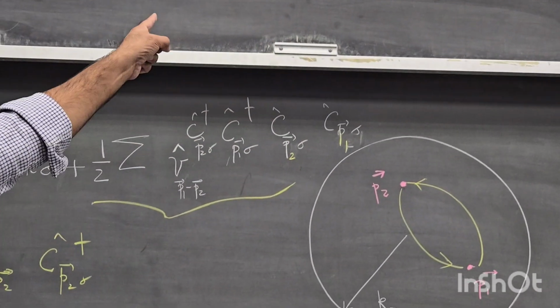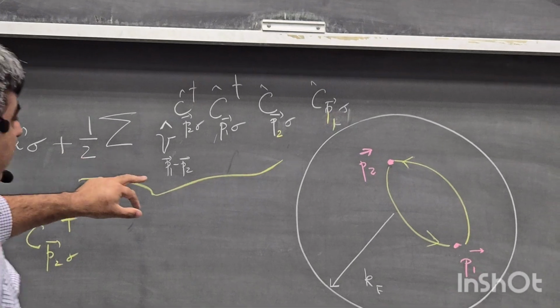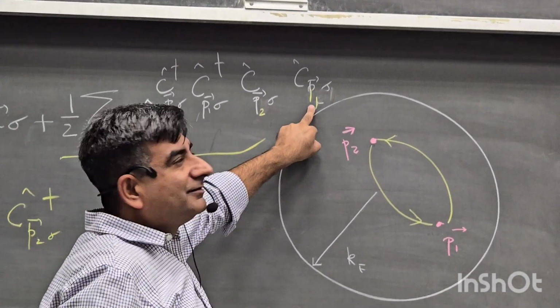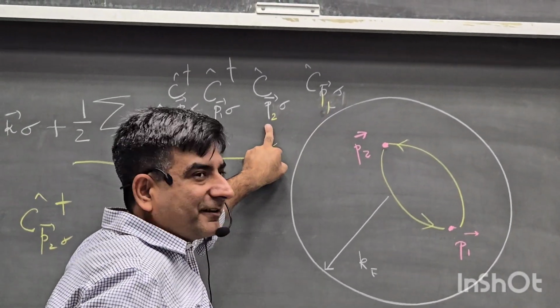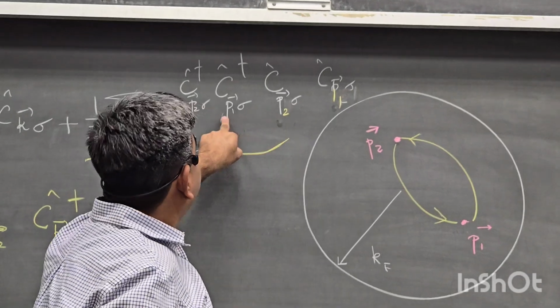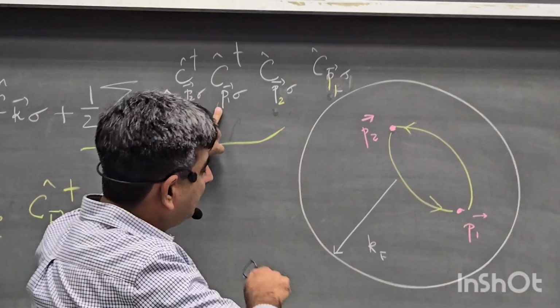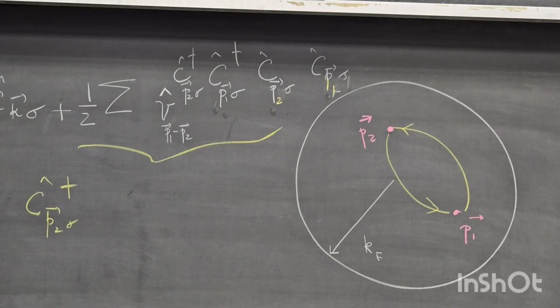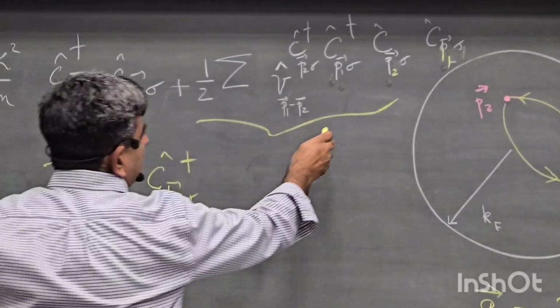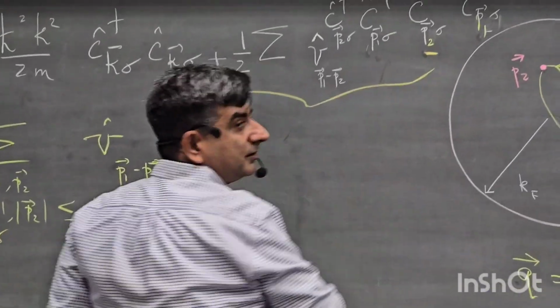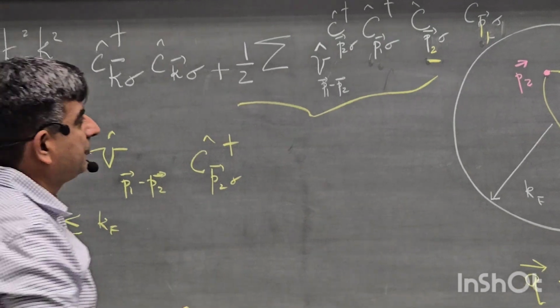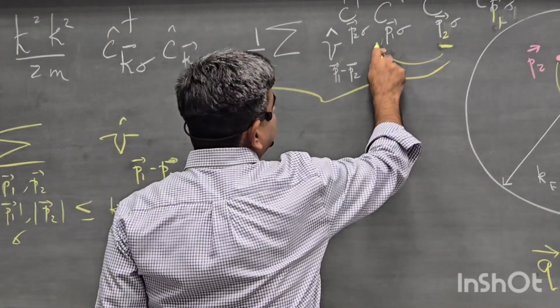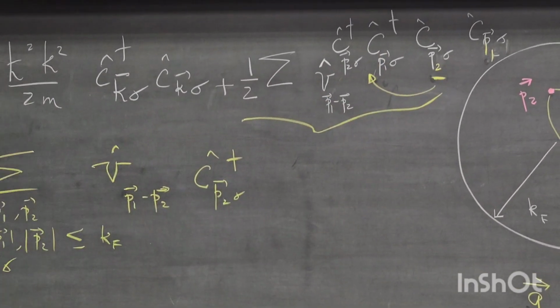The first two terms remain unchanged, so I am annihilating an electron at P1, then I am annihilating an electron at P2, and P2 minus Q now becomes P1, okay? Now if I take this term here, CP2, and move it across this fermionic operator, what's going to happen?